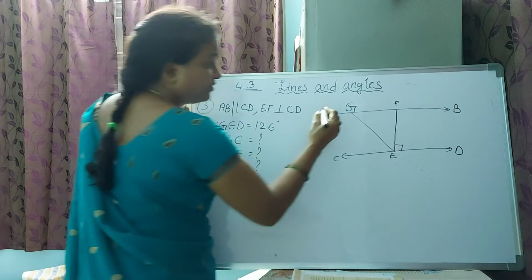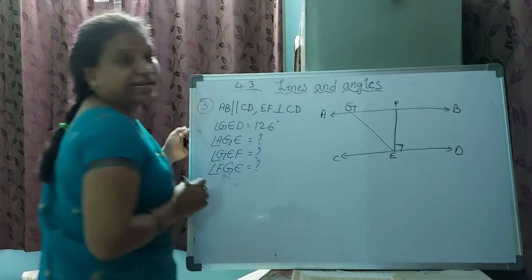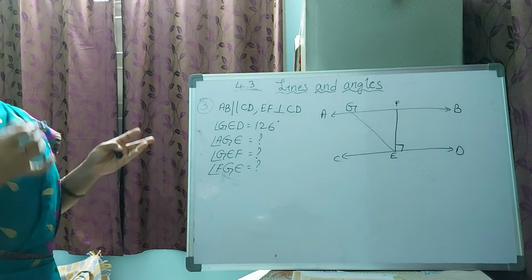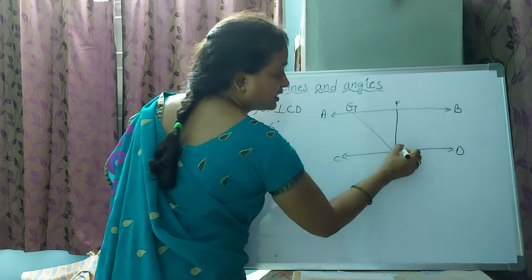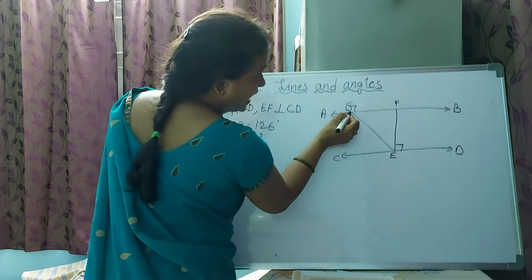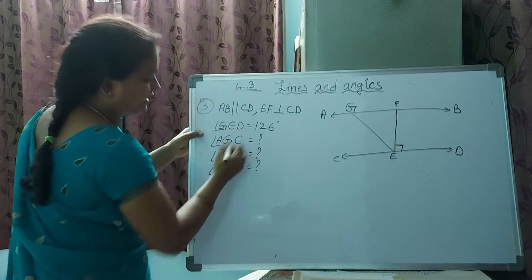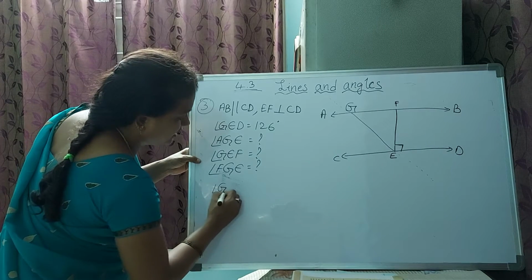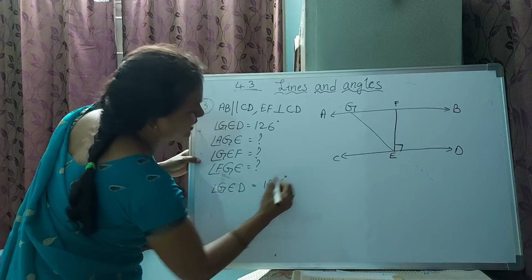See, perpendicular means exactly 90 degrees. No need to say again here, 90 degrees. If EF is perpendicular to CD, it forms 90 degrees here. So if you take this angle GED, he has given angle GED is equal to 126 degrees.